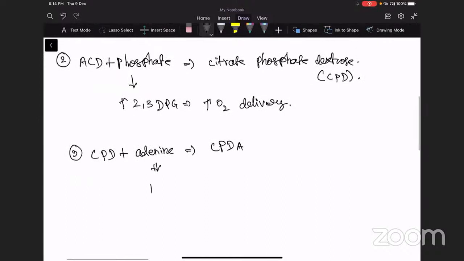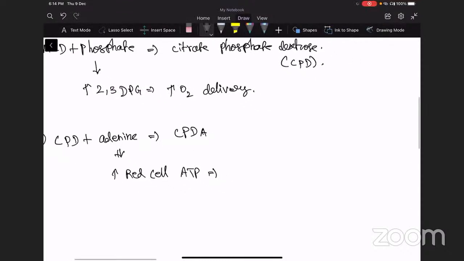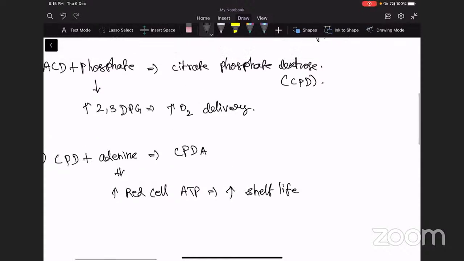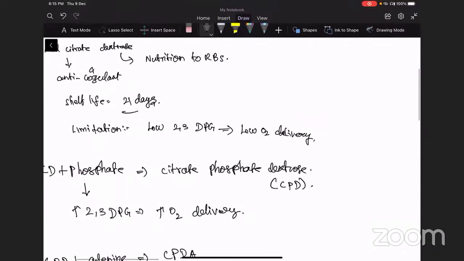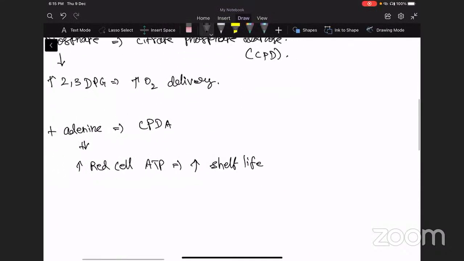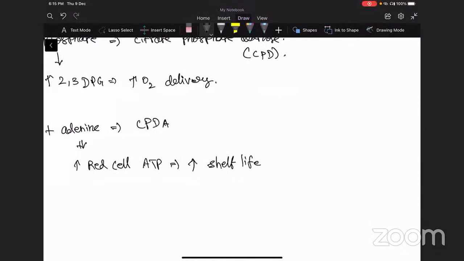This adenine increases the red blood cell ATP, adenosine triphosphate, so it's going to increase the shelf life. Previously we saw the ACD shelf life is 21 days. Here, because of the addition of adenine, it's going to increase the shelf life to about 35 days.